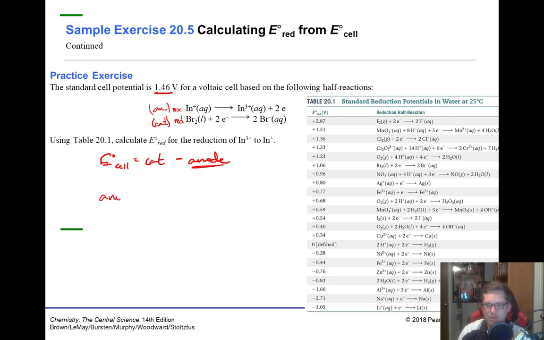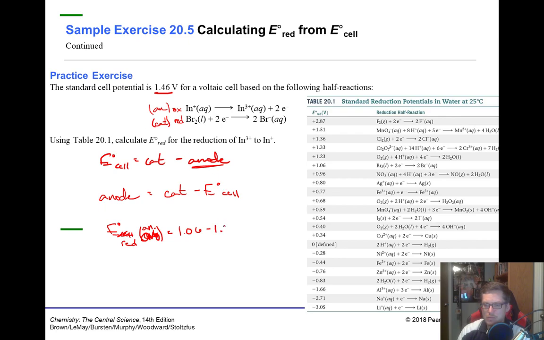If we solve for the anode, we can subtract that over: the anode is equal to the cathode minus the E cell.